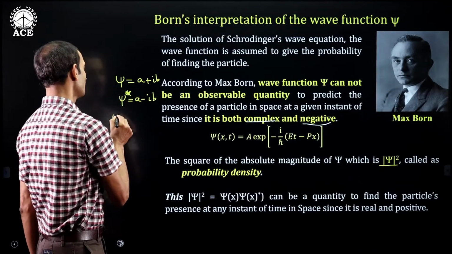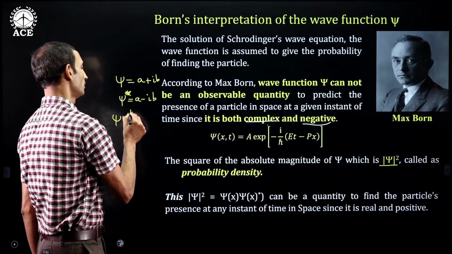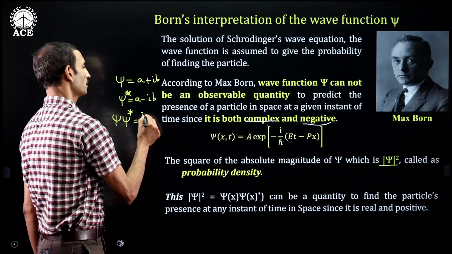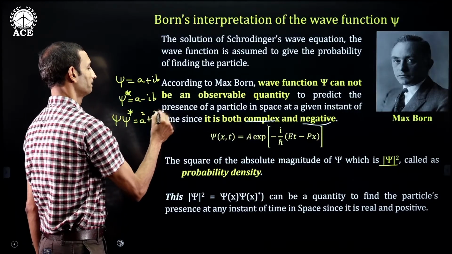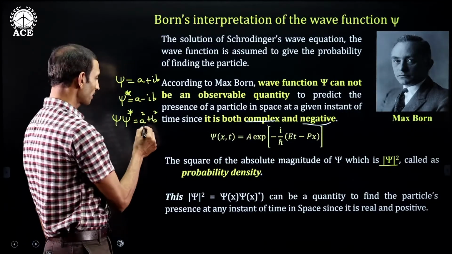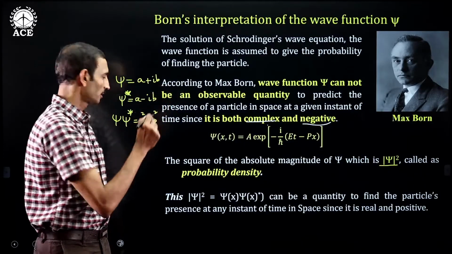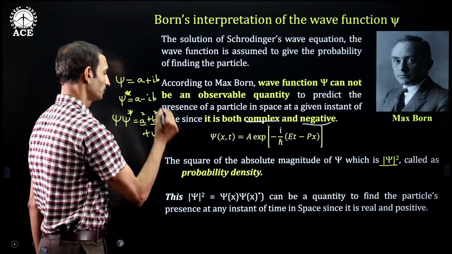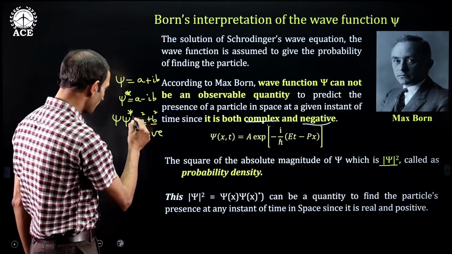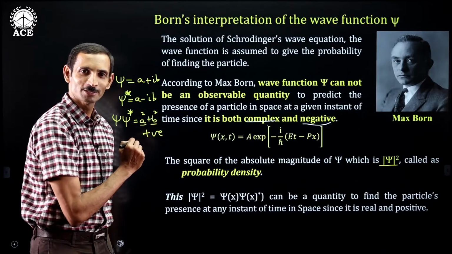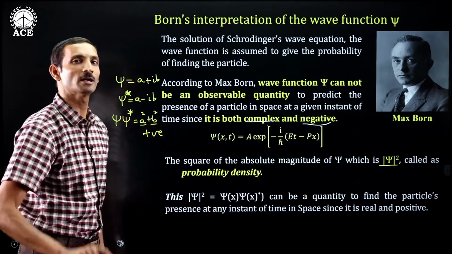So the product of these two would be a square plus b square. That means whatever may be the values that you give for a and b, this is going to be positive. At the same time, there is no i in this one, right? So therefore it is free from that complexity also.